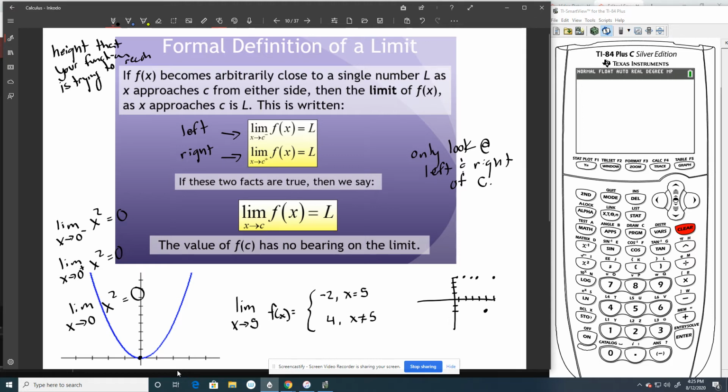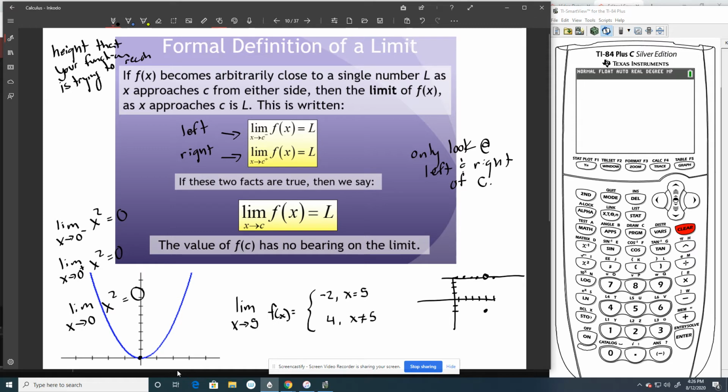So what happens is my function is a piecewise function. It looks like this. But as I get close to that 5 number, I've got a hole in my function because as soon as I hit 5, my value changes to -2.